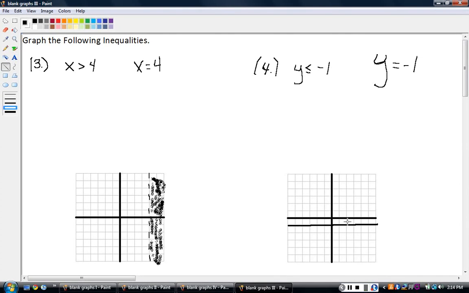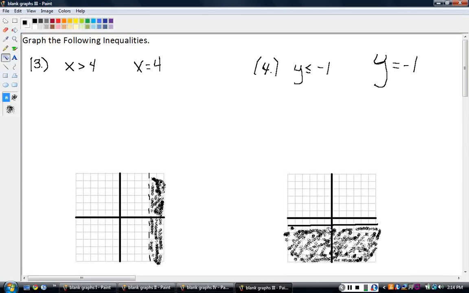And then I'm going to graph everything less than that. Less than -1 for y, that's below, right? That's everything underneath, so I simply shade everything down here. All those y values are solutions, regardless of the x value, to that inequality.